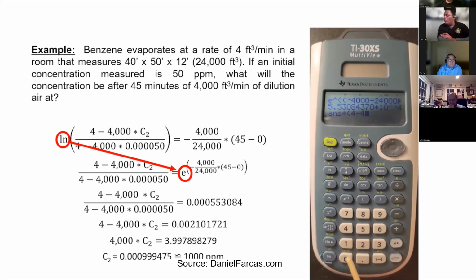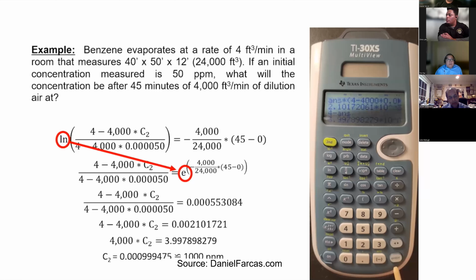0.000553084. Then to find out the final concentration, we'll multiply this number times open parentheses 4 minus 4,000 times 0.000050, which is the initial concentration measured at 50 parts per million.